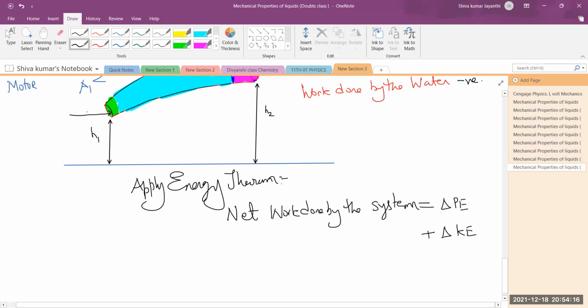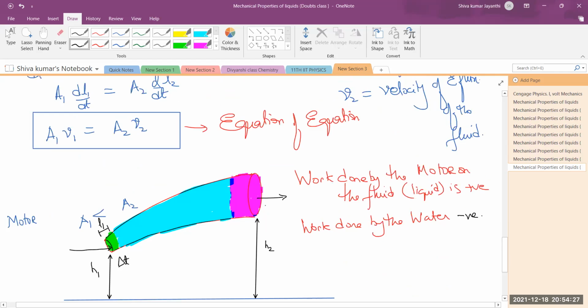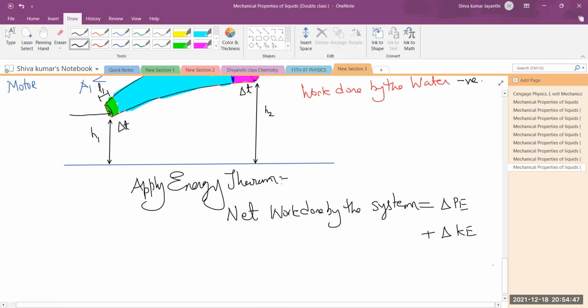Here, you are applying some force in a delta t time. In delta t time, the liquid has been pushed by the motor a distance L1. And in the same delta t time, the liquid has moved a distance L2 and has been pushed out, the efflux, gone outside.